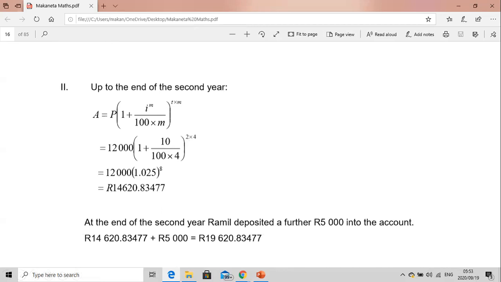All right. Now we are told that at the end of the second year, a further 5,000 rands is invested into the account.